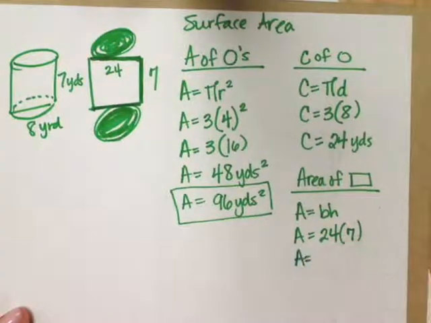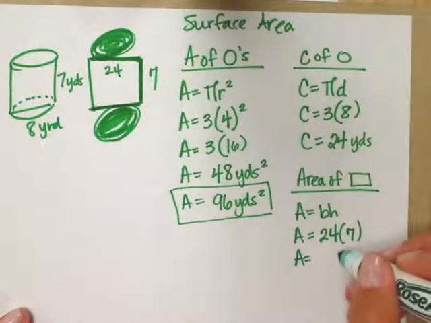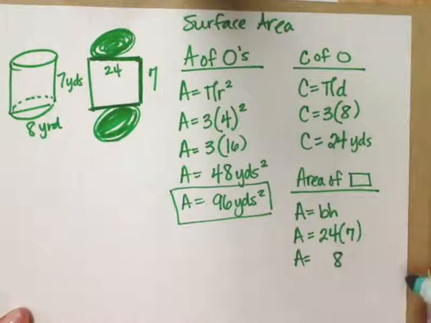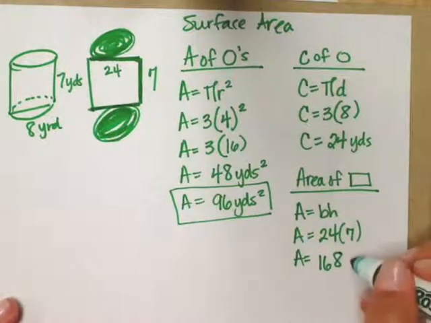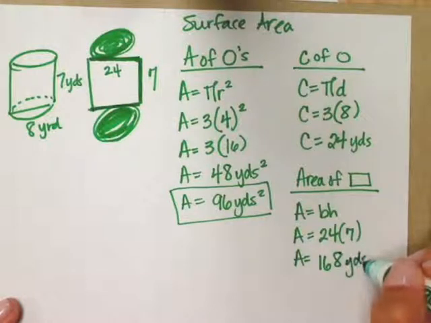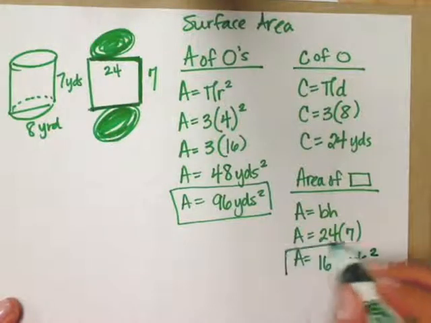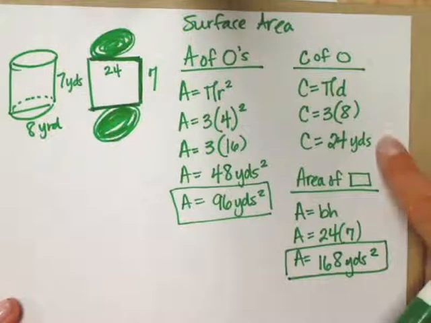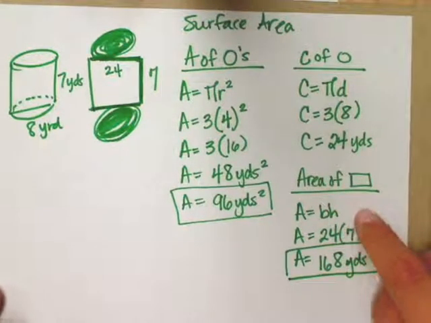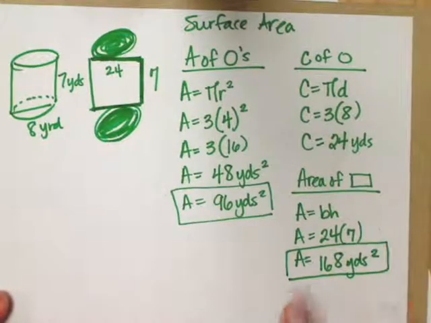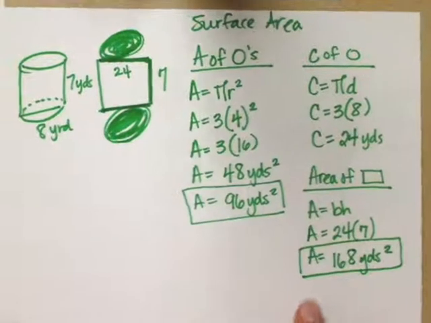Pull to the side, work it out. 168. Is that right? Yep. And this is yards squared. So this little piece we don't really need as an answer. We just needed it to help us find the area of the rectangle. So now what do I do to find the total surface area?